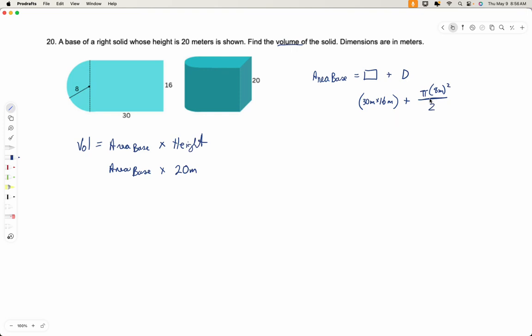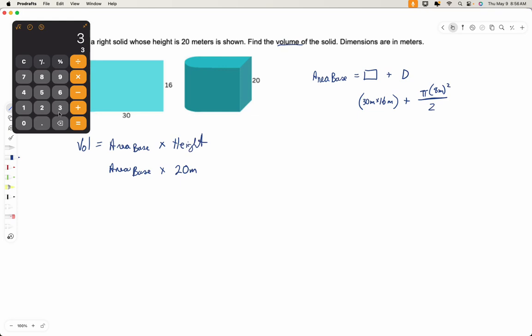All right, 30 times 16, that's 480. So 480 meters squared plus 8 squared, so that ends up being 8 times 8, that's 64.